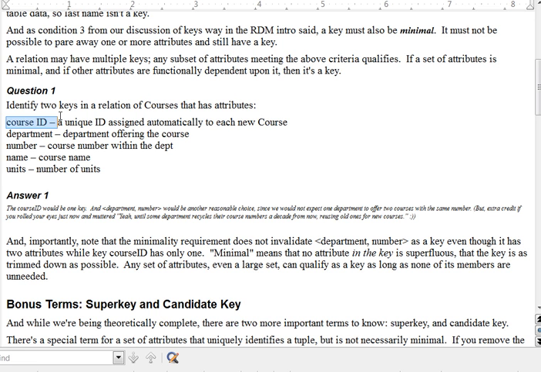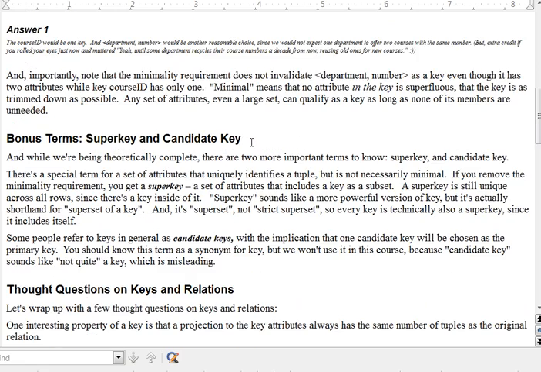Any set of attributes, even a large set, can qualify as a key as long as none of its members are unneeded. Now, while we're being theoretically complete, a couple of terms you should also know: superkey and candidate key. There's a special term for a set of attributes that uniquely identifies a tuple, but is not necessarily minimal. If you remove the minimality requirement, then you get a superkey, a set of attributes that includes a key as a subset.